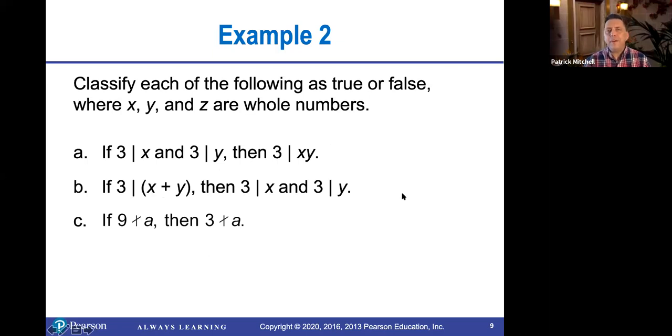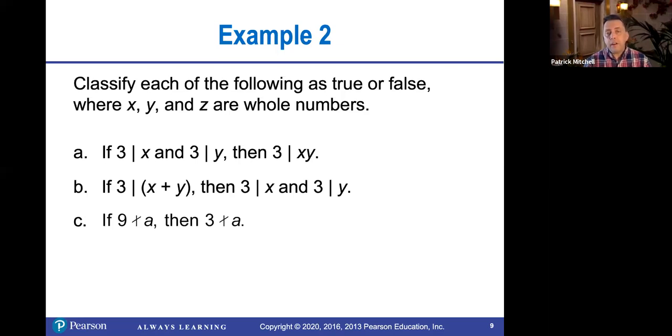So if you think all the way back to logic, when was that? The beginning of chapter 2? This statement almost looks like the converse of that property.